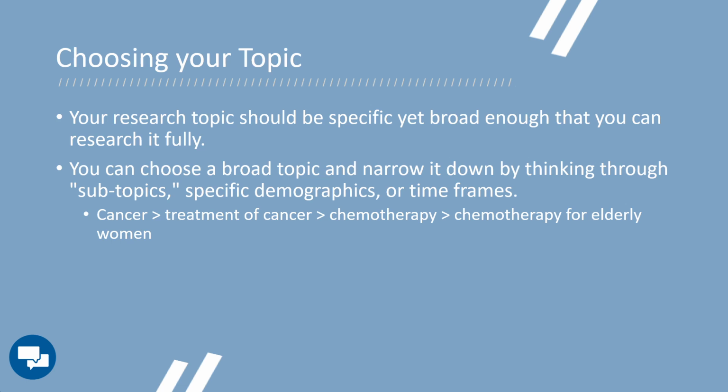Maybe deciding on the treatment of cancer, and then you need to still get more specific, one particular treatment, such as chemotherapy. And if you feel like you need to go further than that, you might think about different demographics, timeframes, or subtopics of that area as well. So maybe just focusing on chemotherapy for elderly women would be a more appropriate topic for the size of this essay.